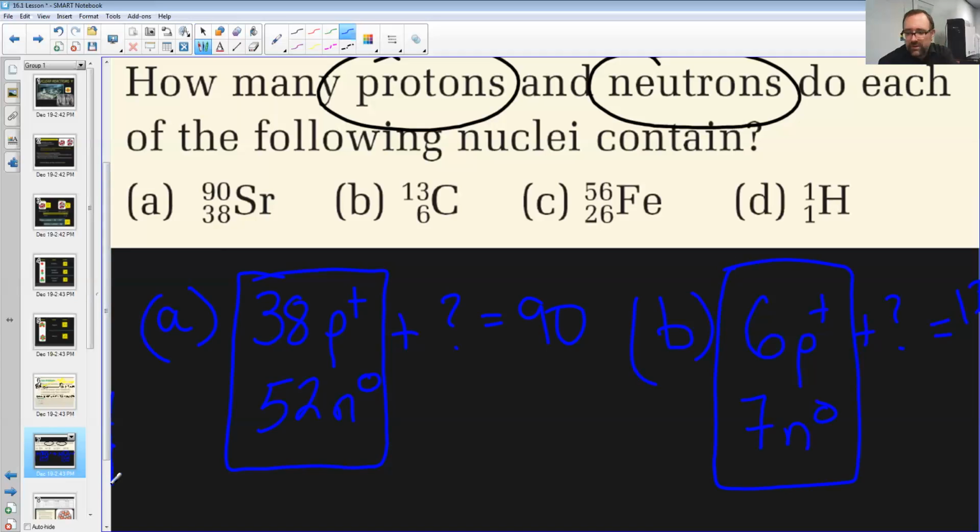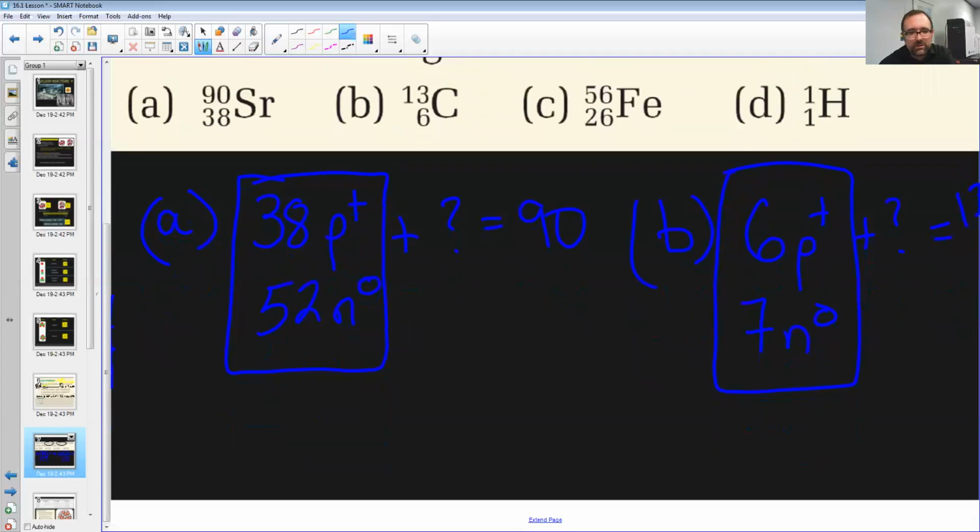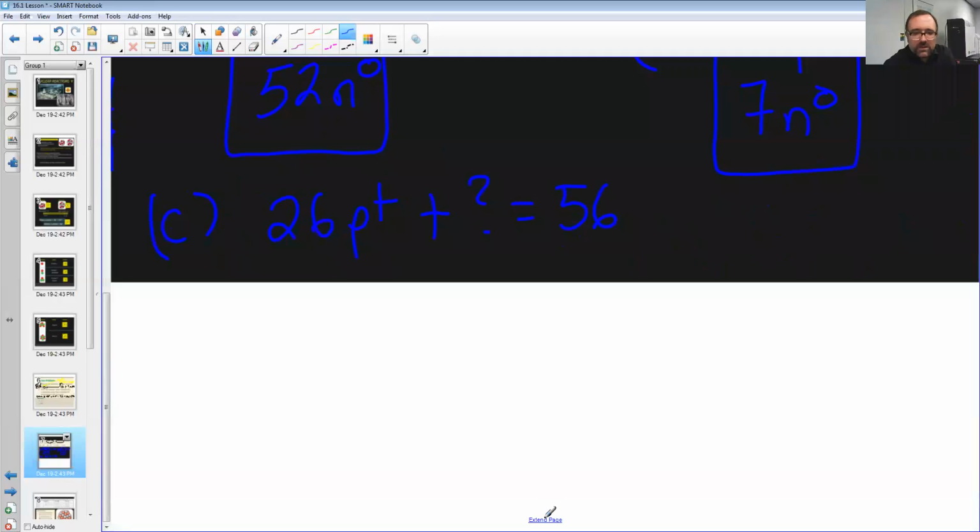If I scroll down to the next one, we have iron 56 and then hydrogen 1. Let's first start off with iron 56, letter C. We know there are 26 protons. That's what that bottom number means. Plus question mark gives us 56. If we do the math, how many neutrons?